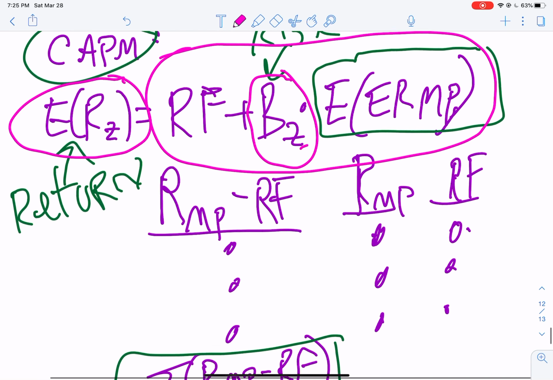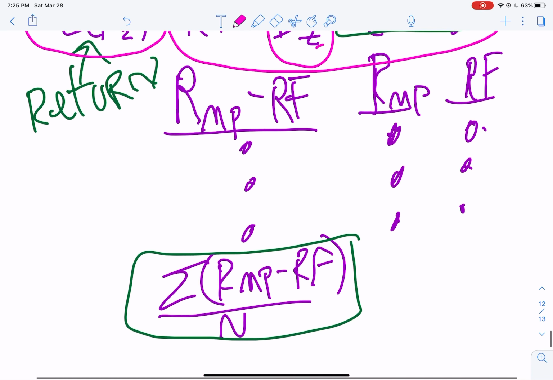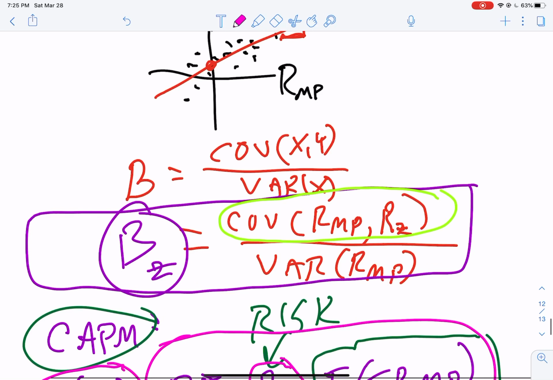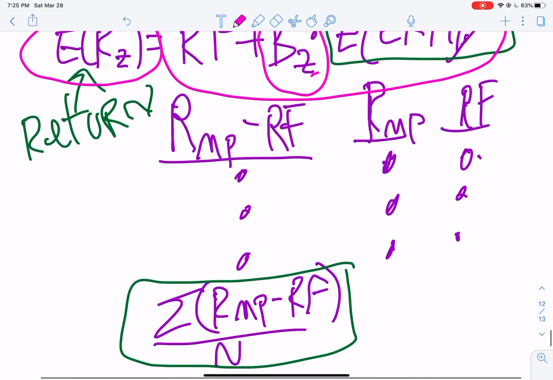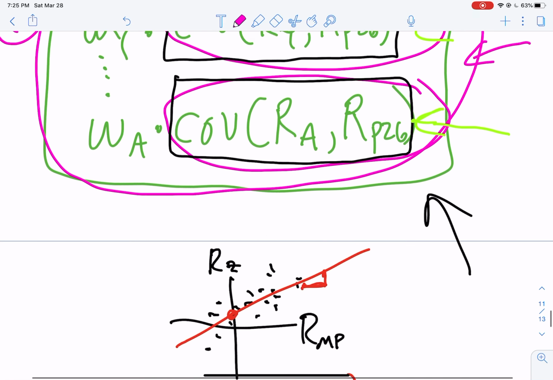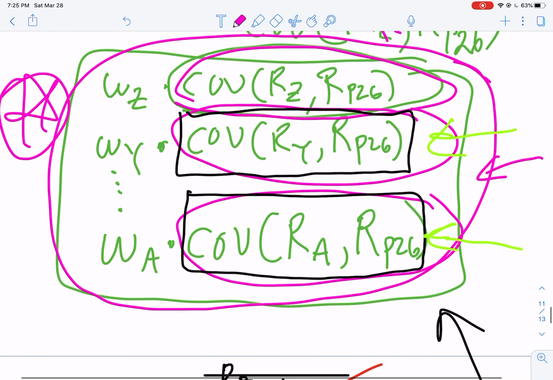And that beta of Z has a lot to do with, by definition, the covariance of the return on the market and the return on Z itself. So that makes it clear how important the covariance items here are.